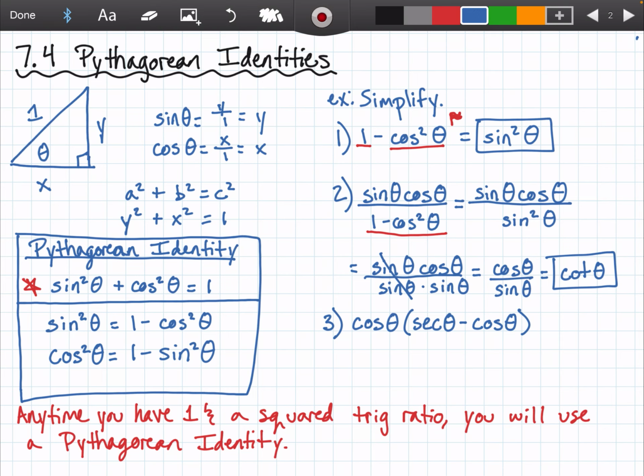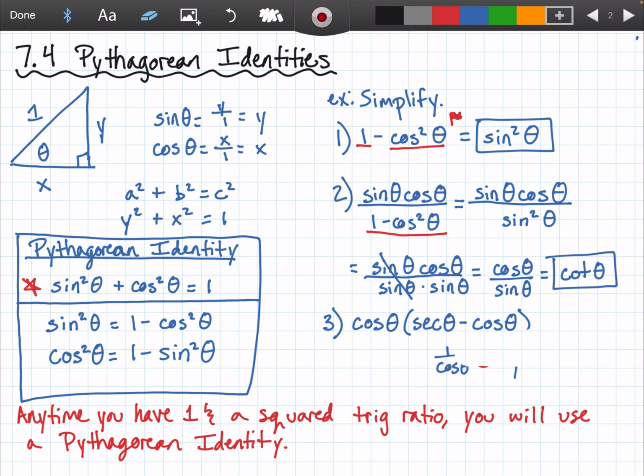I am going to start with distributing. Something that I just want to point out is maybe I could be doing the parentheses first, and I get to this point and go, great. Well, that doesn't get me anywhere because I can't cancel anything because of this subtraction here. So that leads me nowhere.